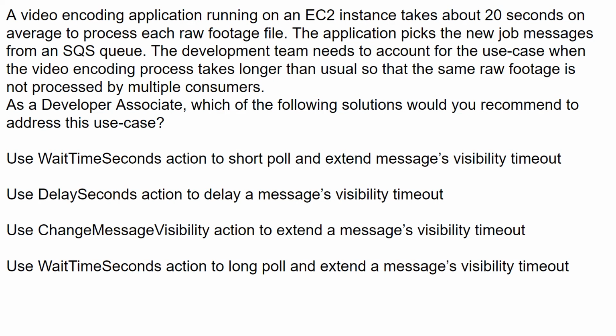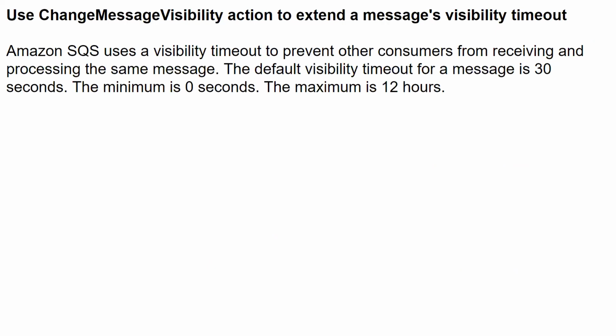Use WaitTimeSeconds action to short poll and extend message's visibility timeout. Use DelaySeconds action to delay a message's visibility timeout. Use ChangeMessageVisibility action to extend a message's visibility timeout. Use WaitTimeSeconds action to long poll and extend a message's visibility timeout. Use ChangeMessageVisibility action to extend a message's visibility timeout. Okay.